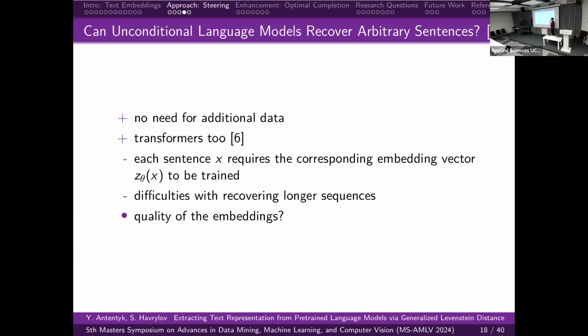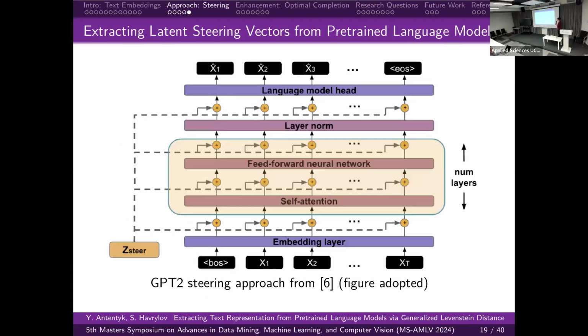But there might be cases when it's appropriate. For example, for a vector database, you can just index all the documents once, and since the language model is frozen, you can use a large number of computers. The other minus is that the authors report difficulties with recovering longer sequences. And the quality needs to be further assessed. It's not really clear whether these embeddings are useful or not.